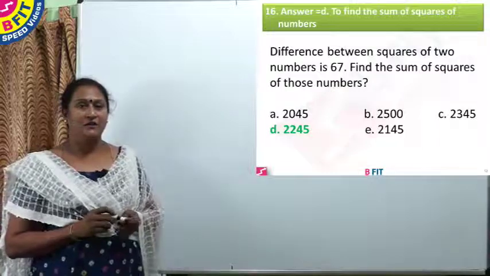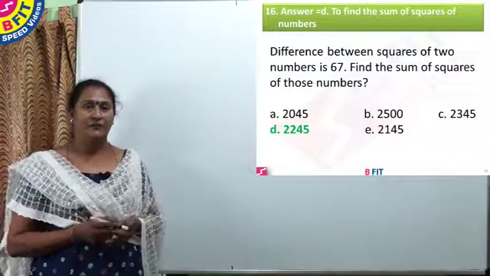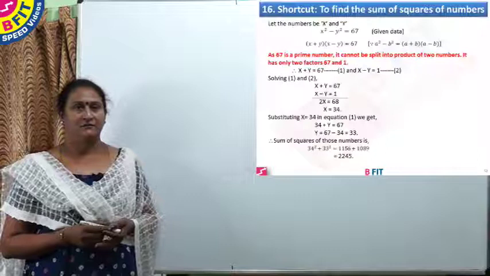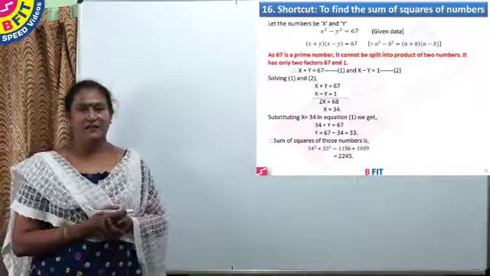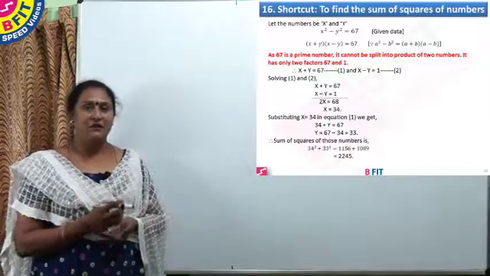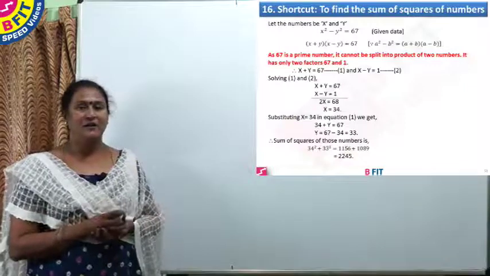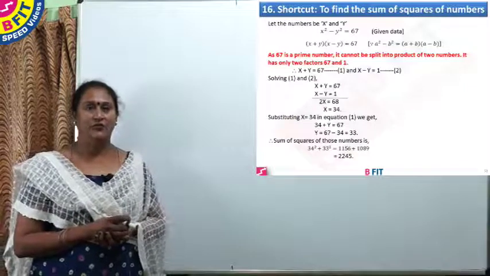And our answer is option D, 2245. So here the working is given clearly, where the sum of squares of two numbers is required, their answer is 2245.